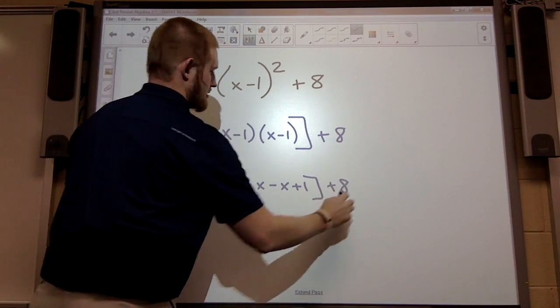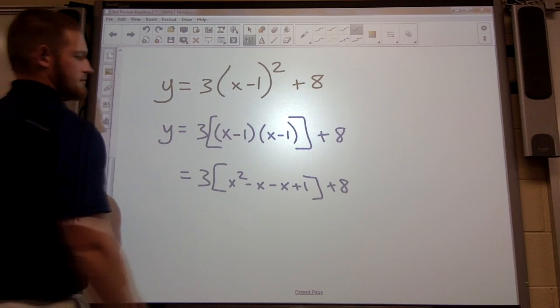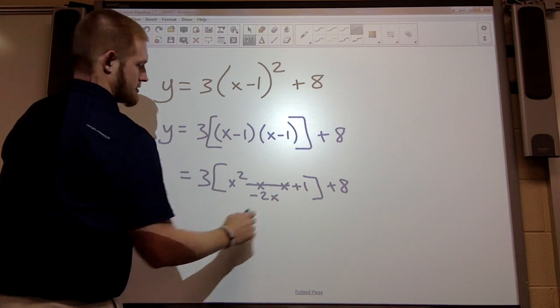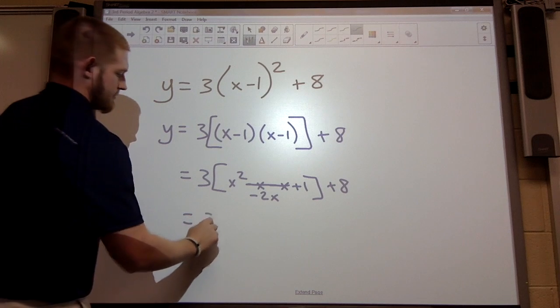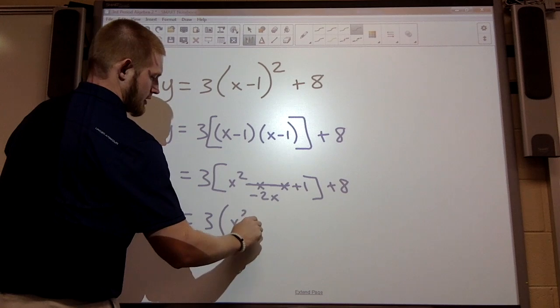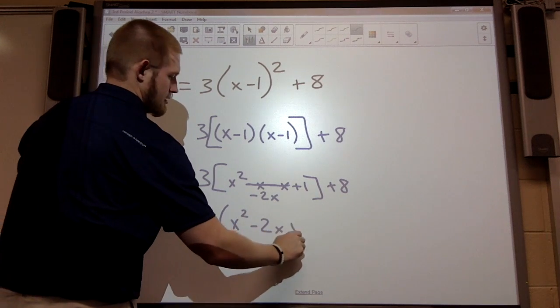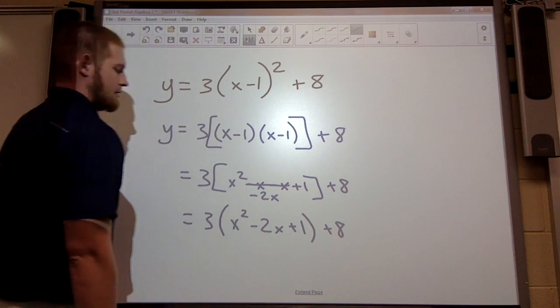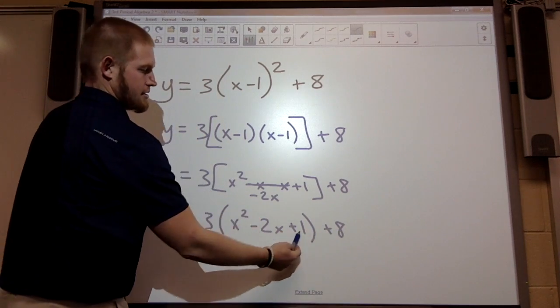Plus 8. Combine this. This is now negative 2x. So I have 3 times x squared minus 2x plus 1 plus 8. Do not add this 8 and this 1 yet.